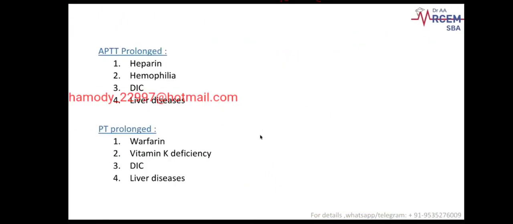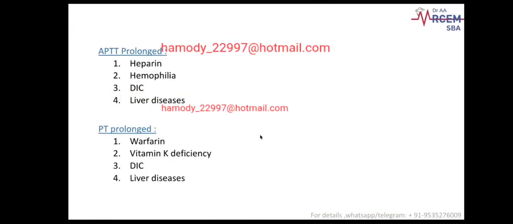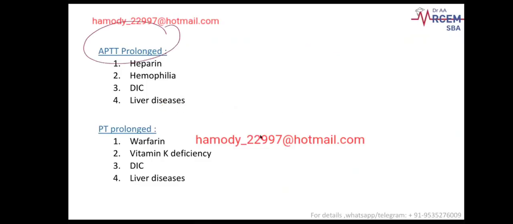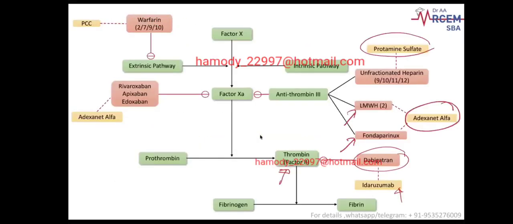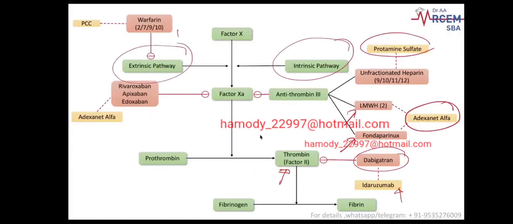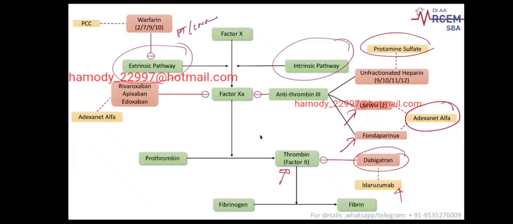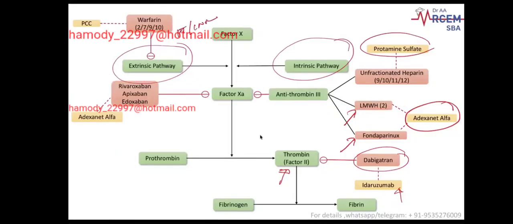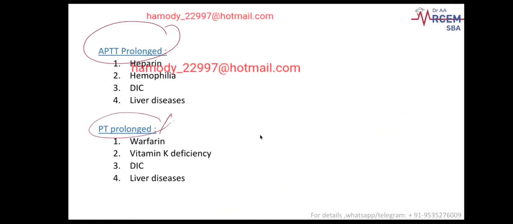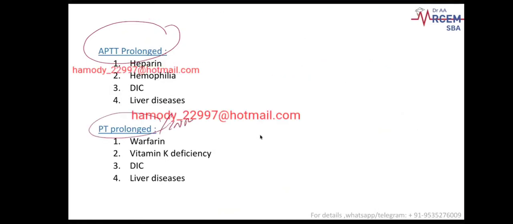So let us see each one of these. Before that, to monitor the clotting factors, if APTT is prolonged, what are we really thinking about? If APTT is prolonged, we are mainly thinking about the intrinsic pathway. If PT or the INR is prolonged, we are thinking of the extrinsic pathway. So in the extrinsic pathway, PT/INR will be elevated.